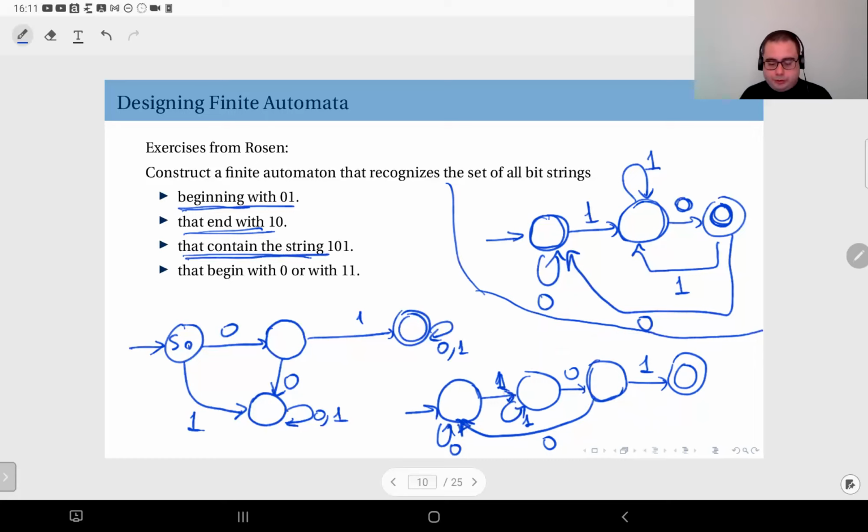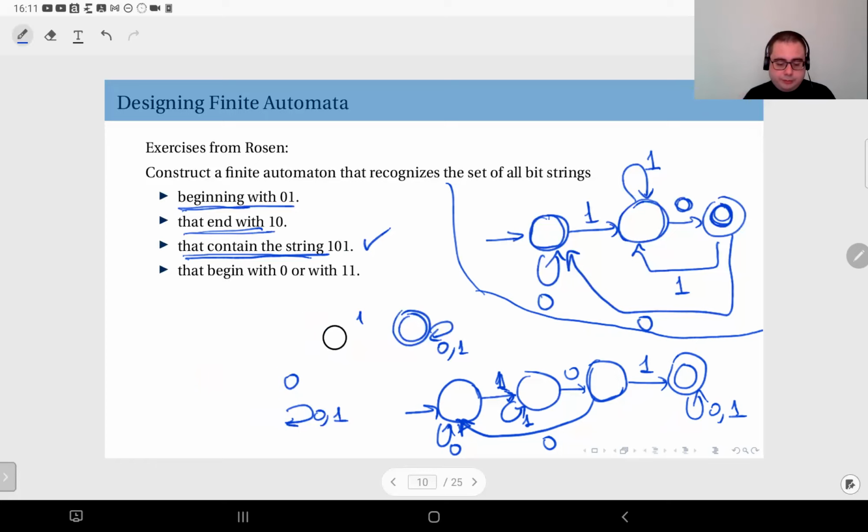So as soon as you have 1-0-1 and reach accepting state, you should stay there, because since you have just one instance of the pattern 1-0-1, the remaining of the string is not really important, because it's already satisfying this definition.